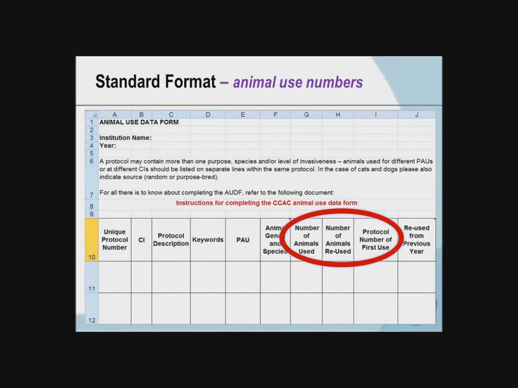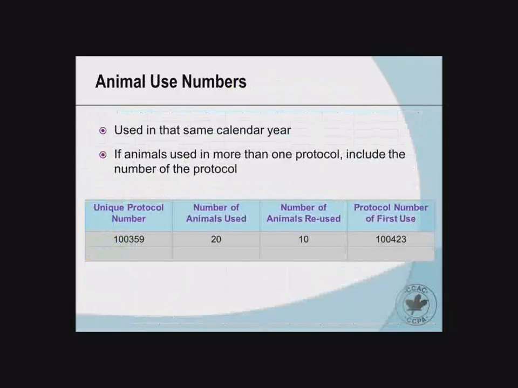So here we are, back to the form again. And the next required elements are the numbers themselves. So the numbers of animals that we request are the number of animals used in that particular calendar year.